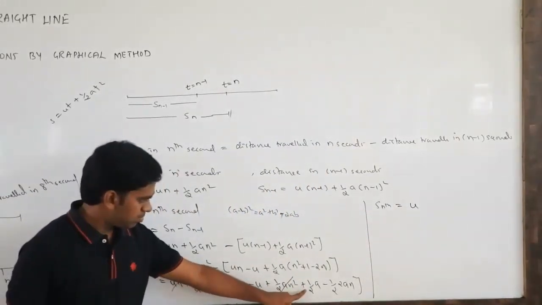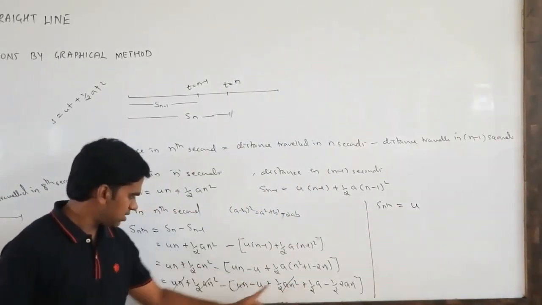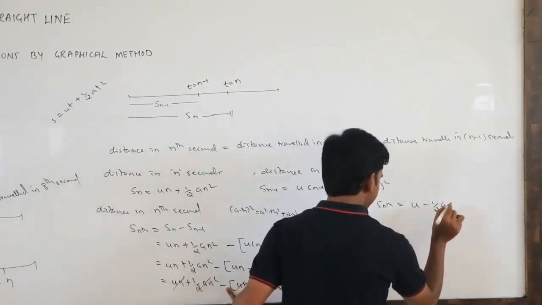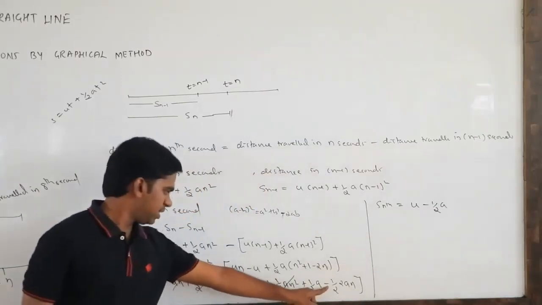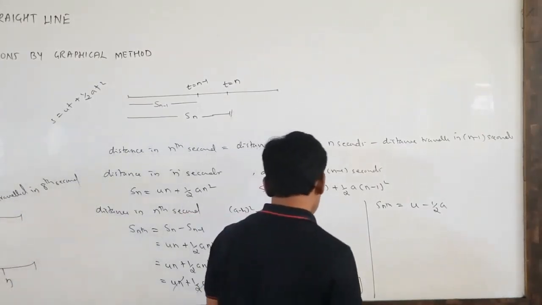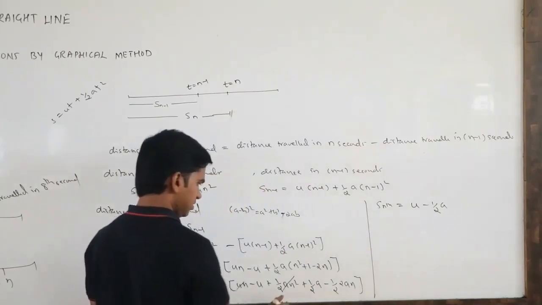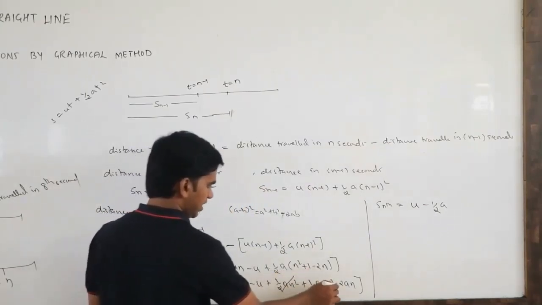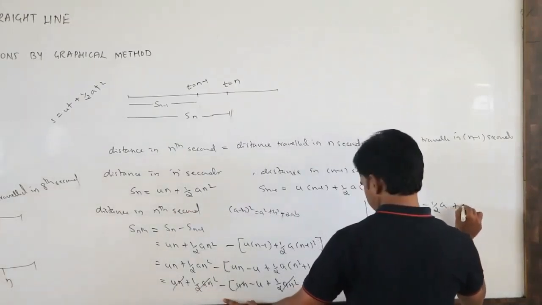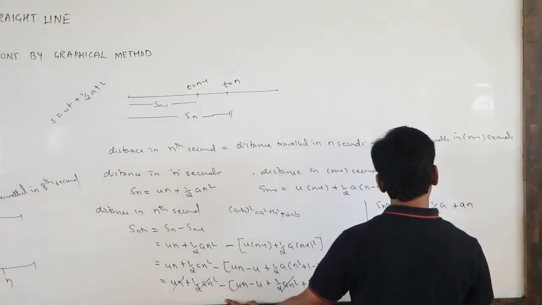Here a is there, half a is there, so minus half a, and this minus will become plus, so the 2 will get cancelled. So what you will get is plus an.